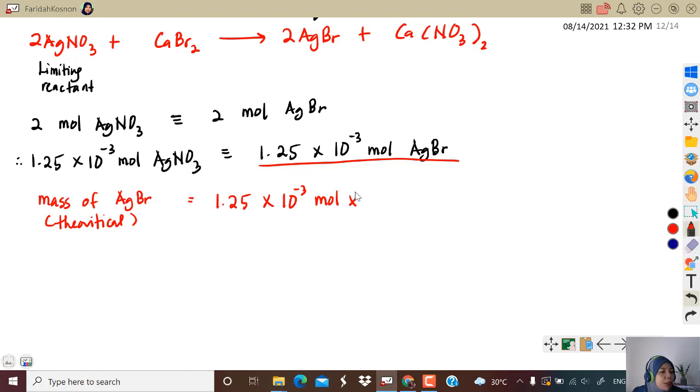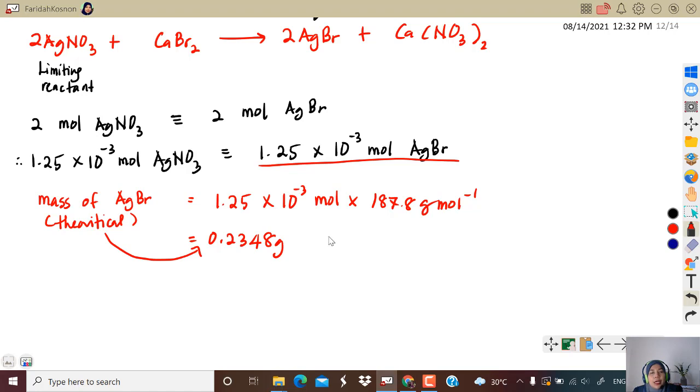Let me calculate, 107.9 plus 79.9, 187.8 gram per mole, kalau saya tak salah. Kalau saya salah, tolong bagi tahu. Darabkan dengan 1.25 darab 10 kuasa negatif 3. Saya dapat lebih kurang 0.2348 gram. Jadi ini adalah theoretical yield.